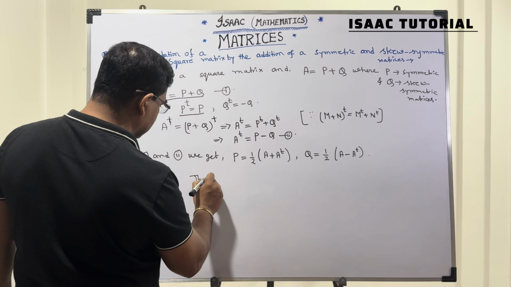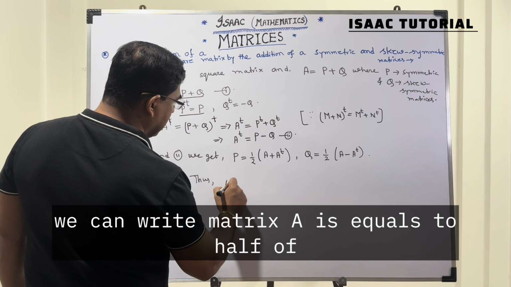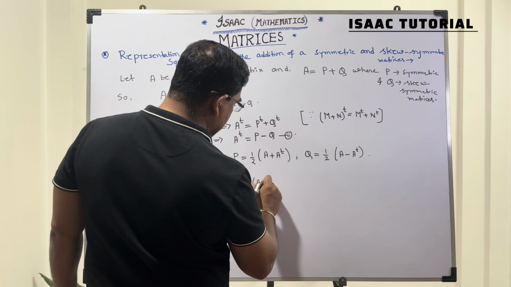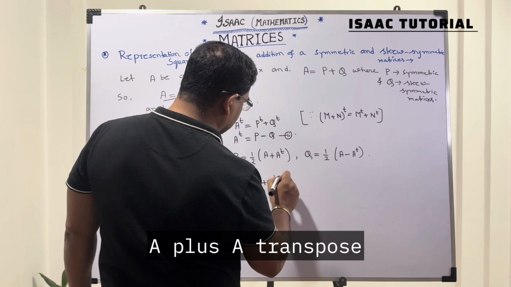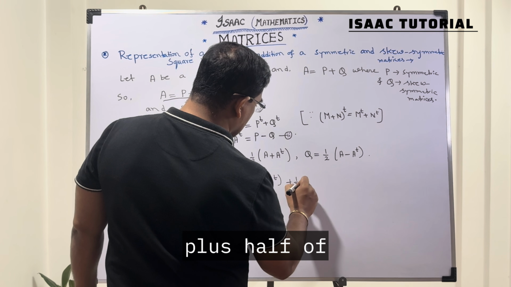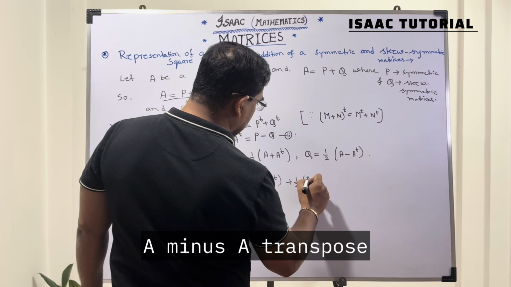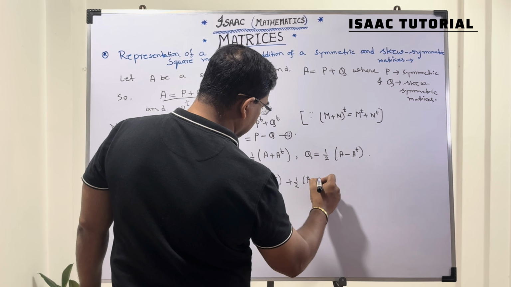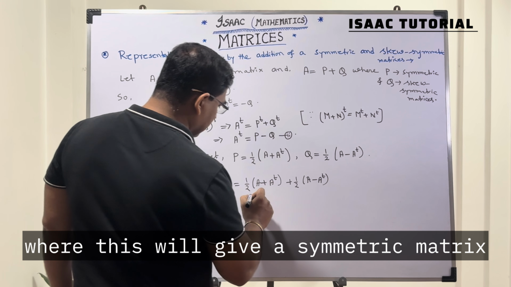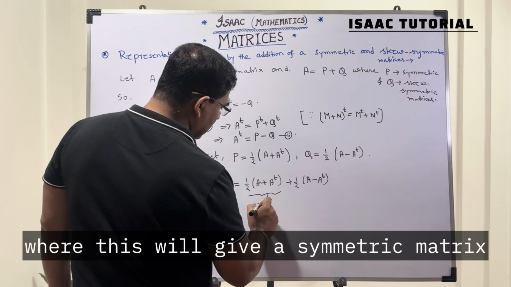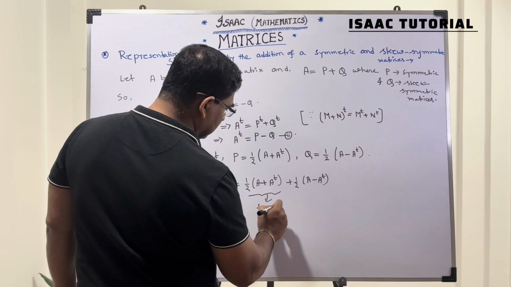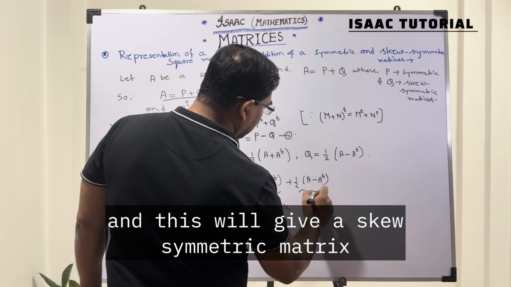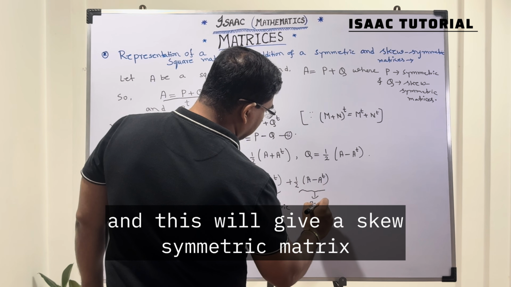Thus we can write matrix A is equal to half of (A plus A transpose) plus half of (A minus A transpose), where the first part will give a symmetric matrix and the second part will give a skew symmetric matrix.